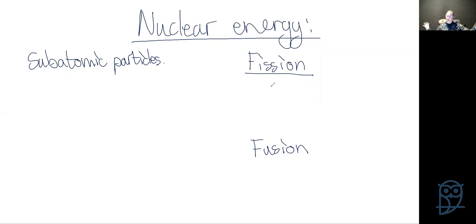Those are then radioactive, which falls under this category over here. So it's a bit broad. So fission is what is used with nuclear bombs, nuclear power stations, all of these kinds of things. That is fission.